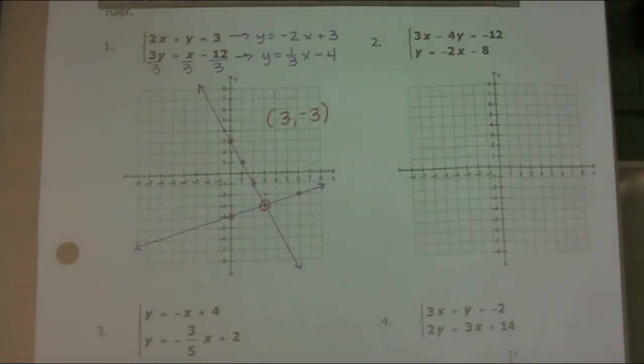So that is my solution for this system of equations. So that is one method that we can use to solve a system of equations. All we're finding is that point of intersection. So let's go back to our notes and we go to page 2, and we're going to do substitution. And substitution uses our algebra skills instead of our graphing skills.